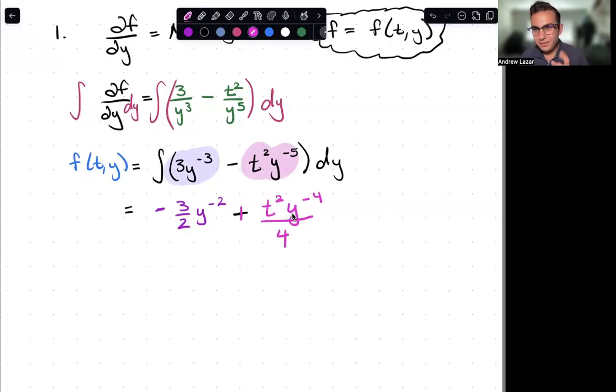And now don't forget your quote unquote plus C here. And I say quote unquote because we had integrated this function with respect to y. However, it should be known that f is a multivariable function. So rather than giving a general constant, in other words, a number here, we're going to consider our constant to be a function of t. So I'm going to call that function h of t.